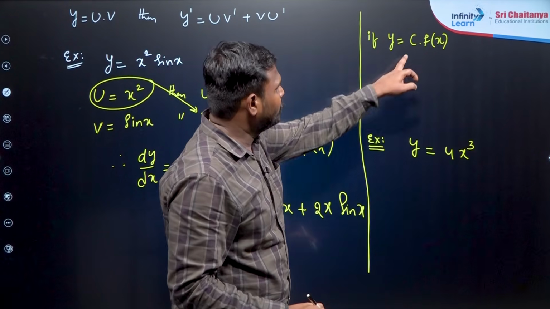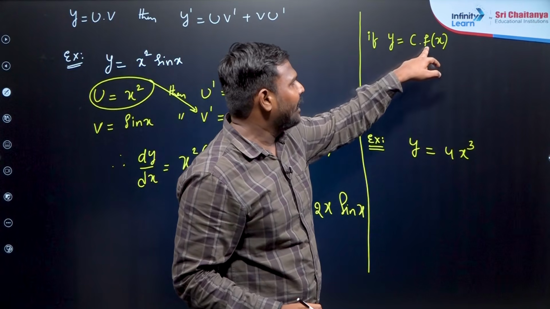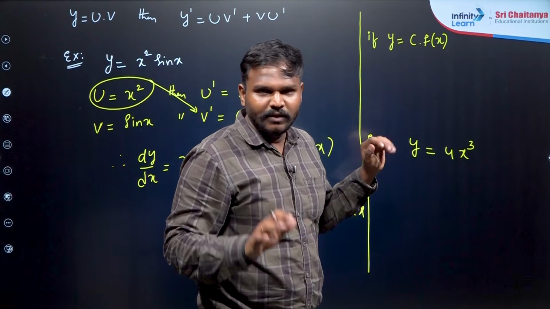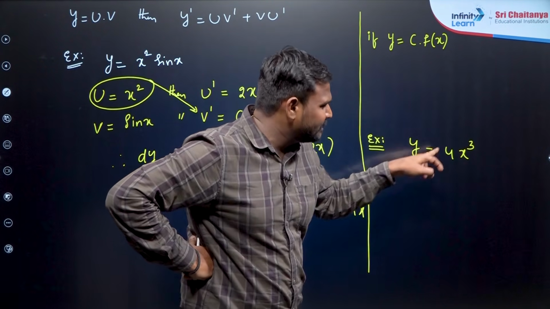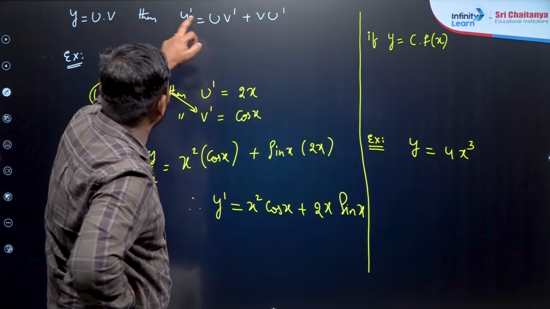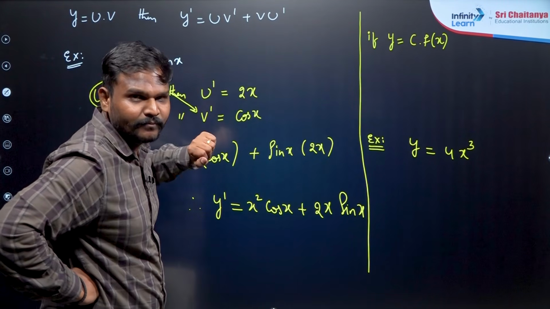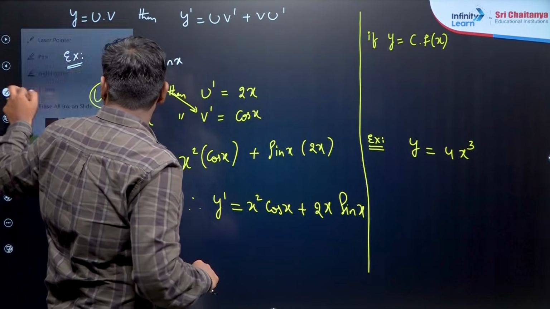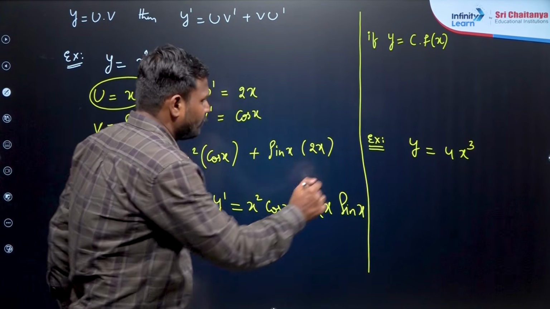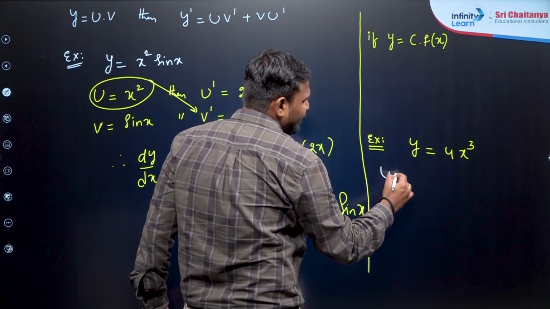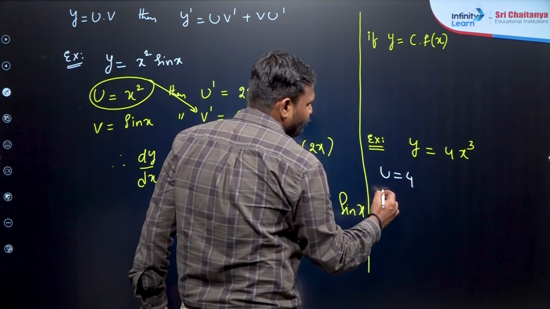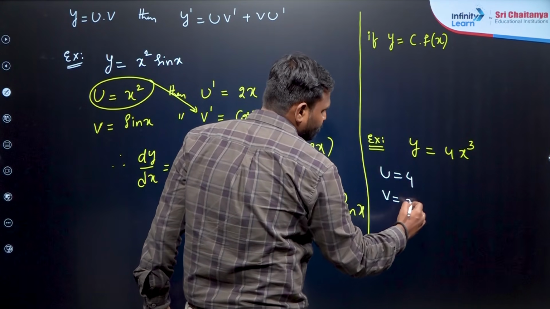Here the constant is 4 and the function is x cube. Now whenever multiplication is there, we have to take it as u v dash plus v u dash, correct? Yes or no? So what will we take? Your u we will take as 4 and v we will take as x cube.